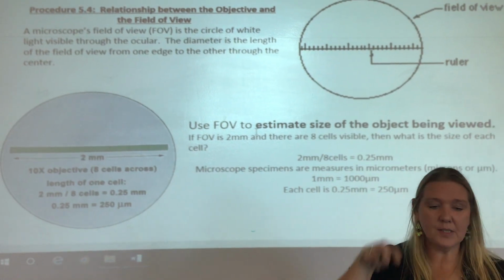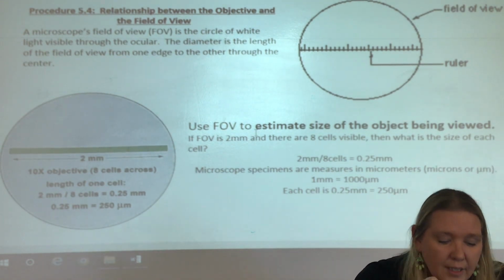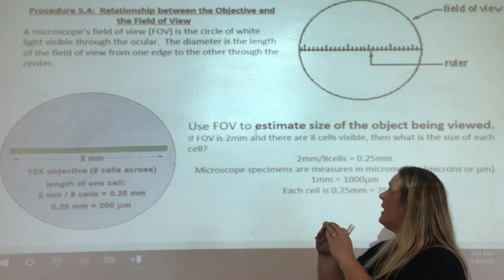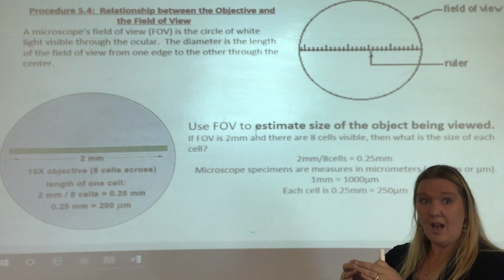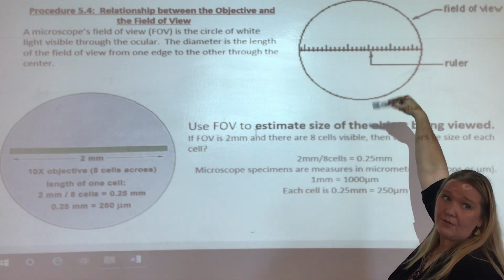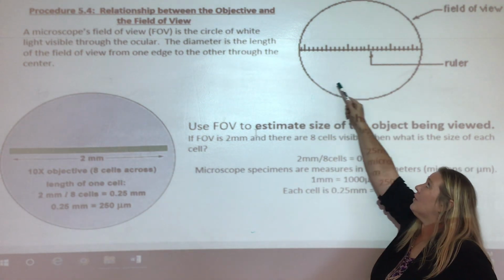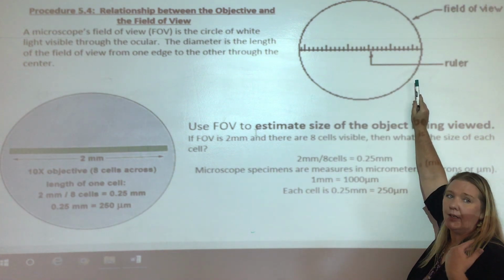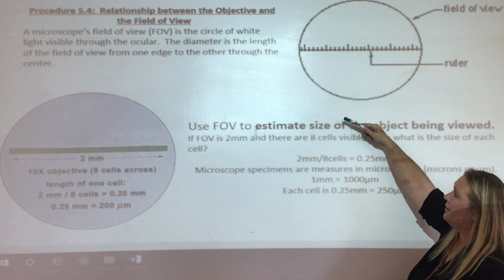So the field of view is when I look in the microscope, that circle that I see is my field of view. That's what I view in that circle. So let's say that that circle up there is the field of view when you look in the microscope, okay? You could put a ruler across that and measure it, okay? 1 millimeter, 2 millimeters, whatever, okay? And you can measure that, okay?